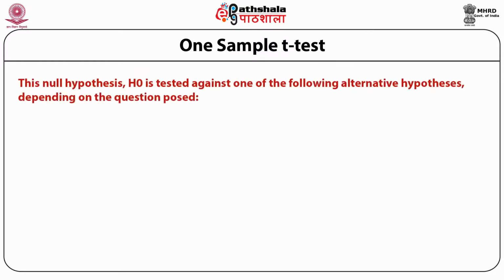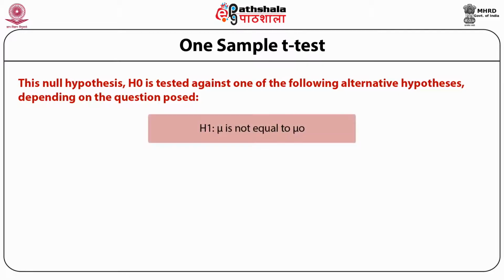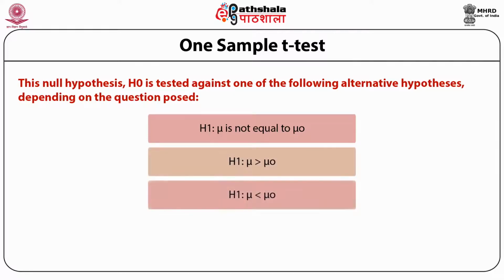The null hypothesis H0 is tested against one of the following alternative hypotheses, depending upon the question posed. H1 can be mu not equal to mu 0, or mu greater than mu 0, or mu less than mu 0.